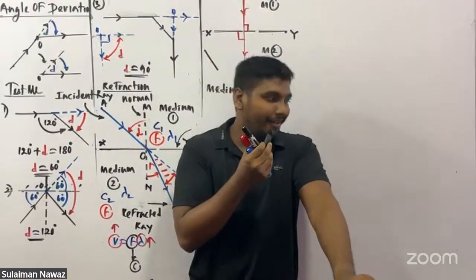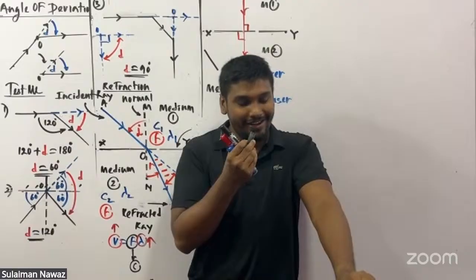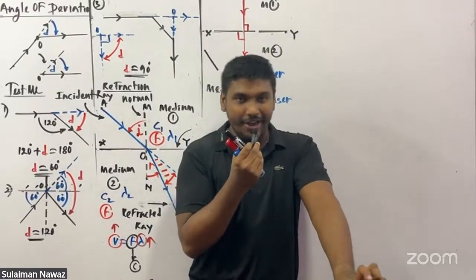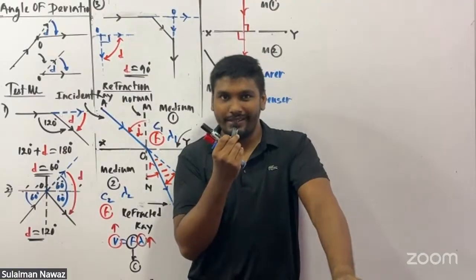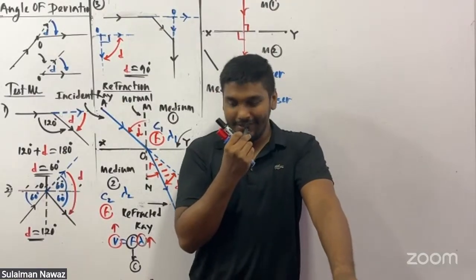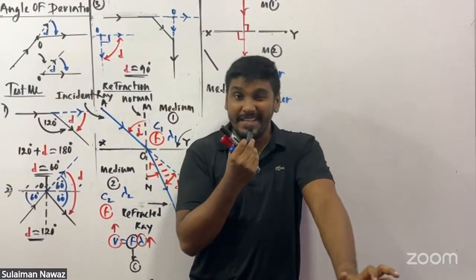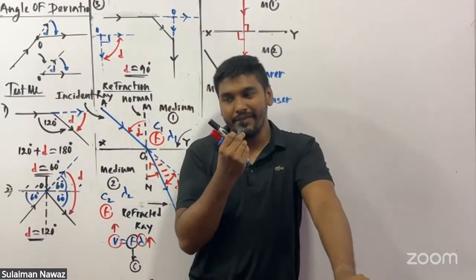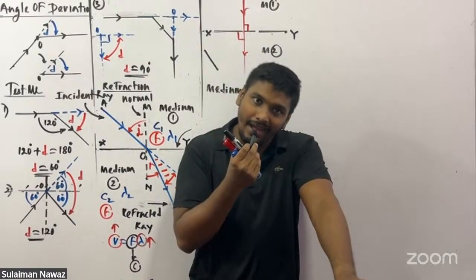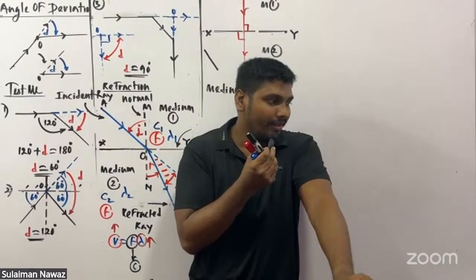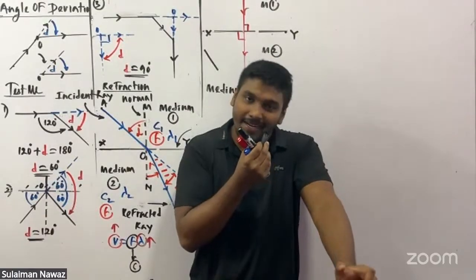Somebody will say that coconut oil is a liquid, but not yellow, it's transparent. Raise your hands. Somebody will say that spirit is also a kind of liquid. Hands up. Somebody will say velocity of light is larger in coconut oil, and somebody will say velocity of light is larger in spirit.